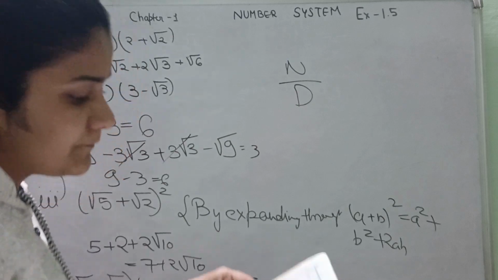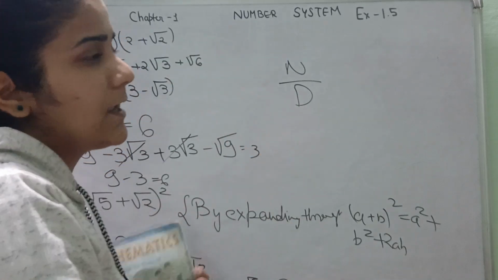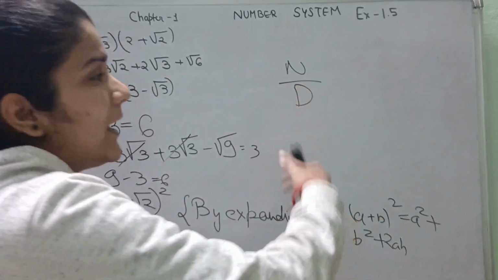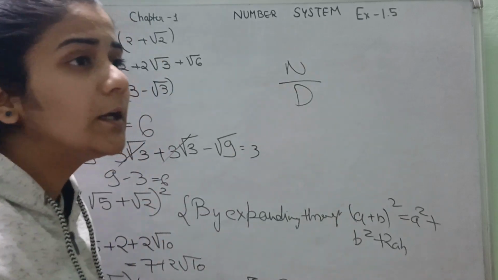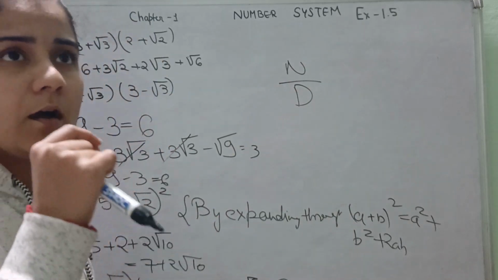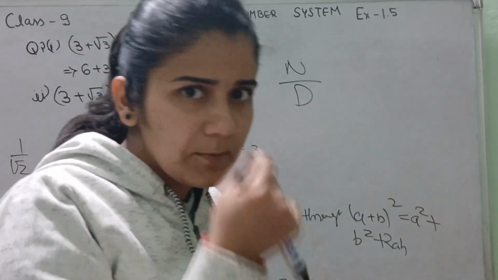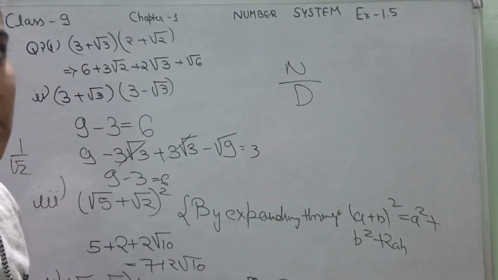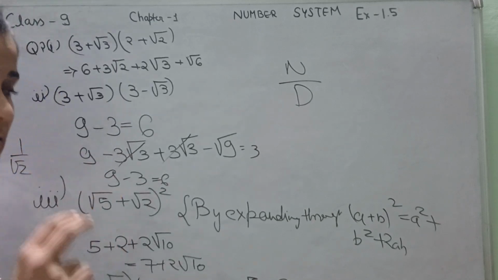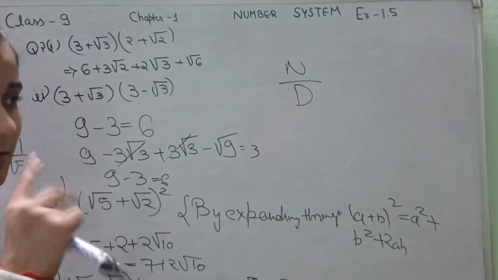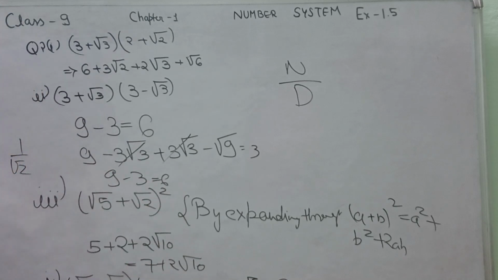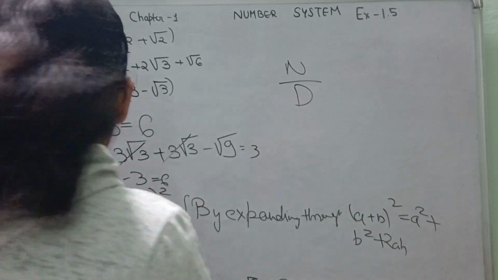Rationalize is nothing but multiplying the denominator by its conjugate. Now what is a conjugate? It's simply a value which is obtained by reversing the sign. We will see in this. Now let's get started.